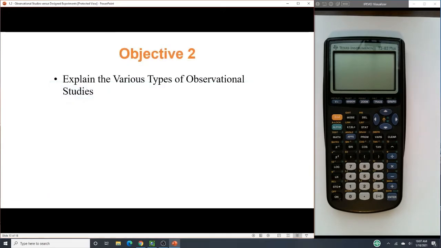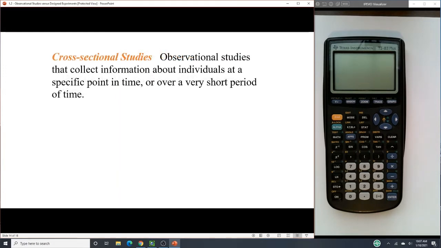The various types of observational studies. The first one is a cross-sectional study: observational studies that collect information about individuals at a specific point in time and over a very short period. So we're going to look at one little section at this time.